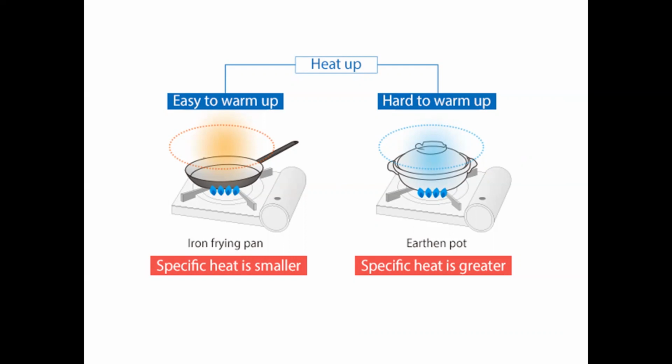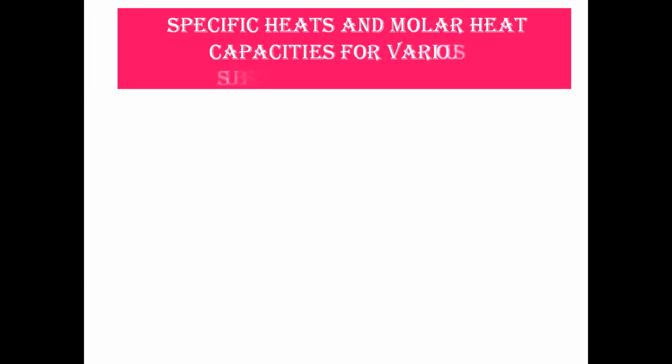In the second case, the specific heat is greater, so it will take more time to warm up. Please have a look at this diagram, friends. This diagram shows the use of specific heat in our day-to-day life in warming water. It's just an example. Next, the specific heats and molar heat capacities for various substances at 20 degrees Celsius.